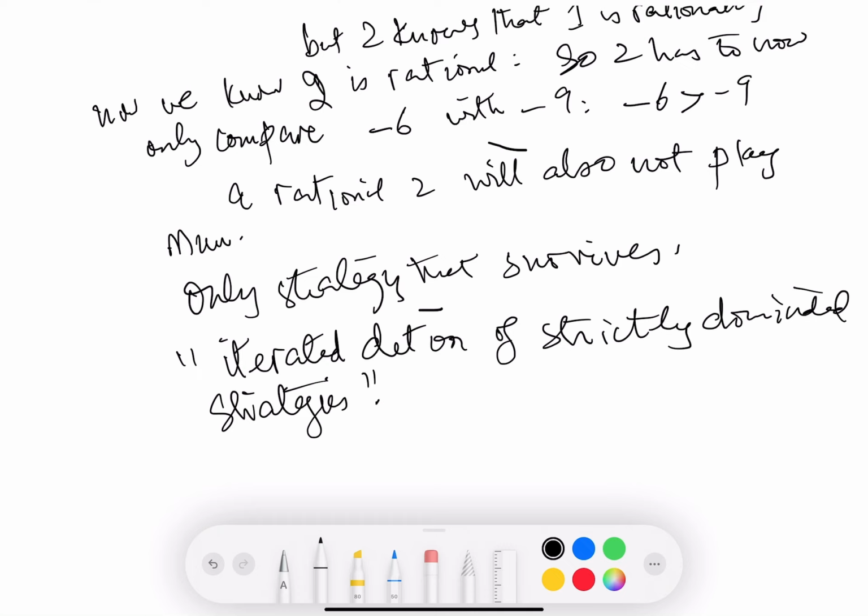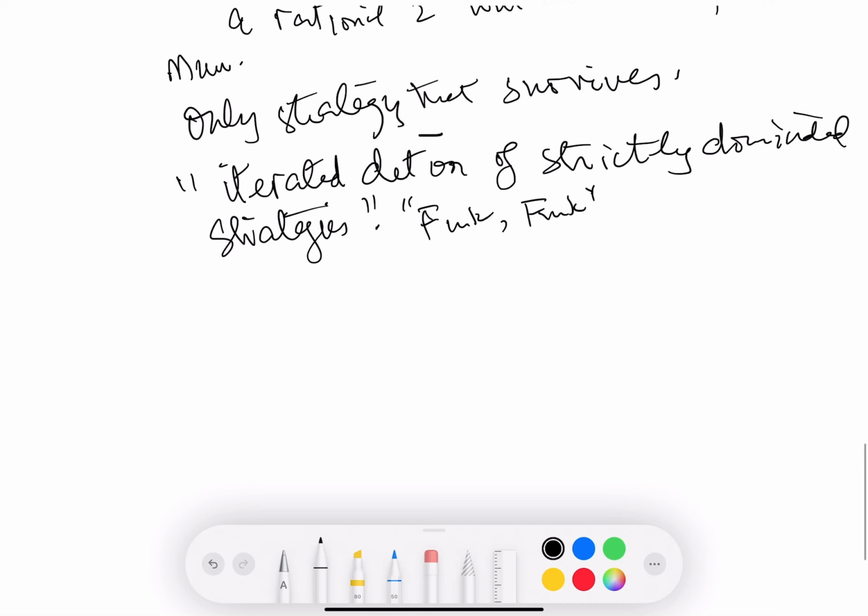Iterated deletion of strictly dominated strategies. So rationalizable strategies, Watson makes a big deal about it, Gibbons doesn't talk about it. I will make a little deal about the concept of rationalizability.